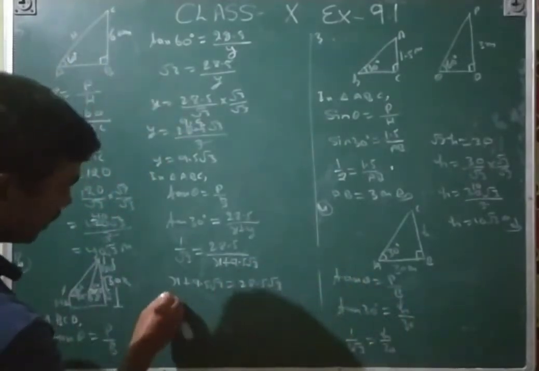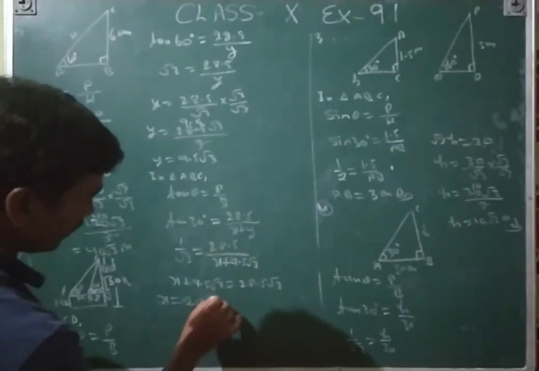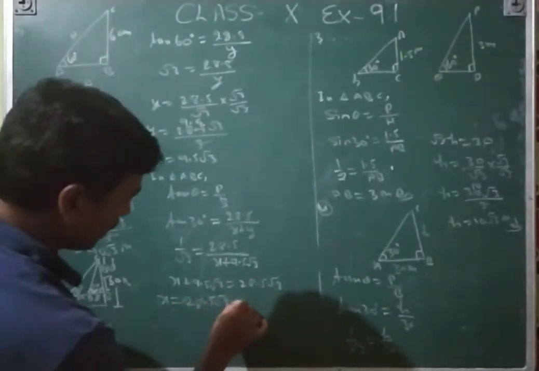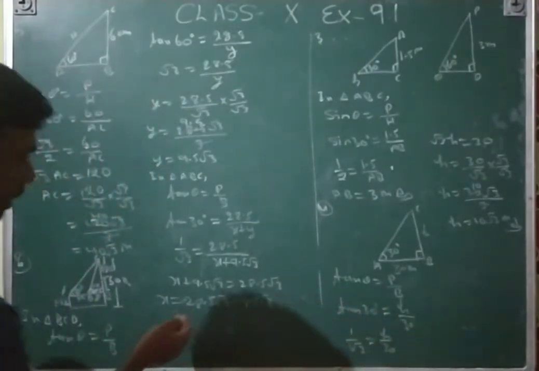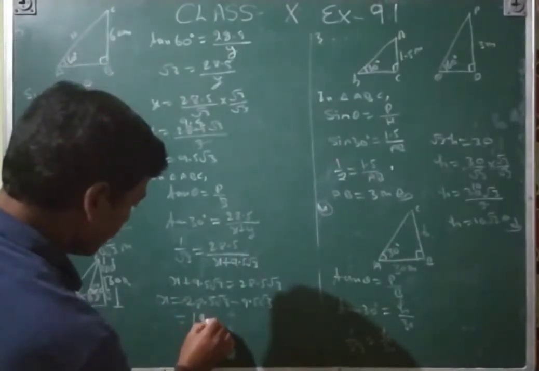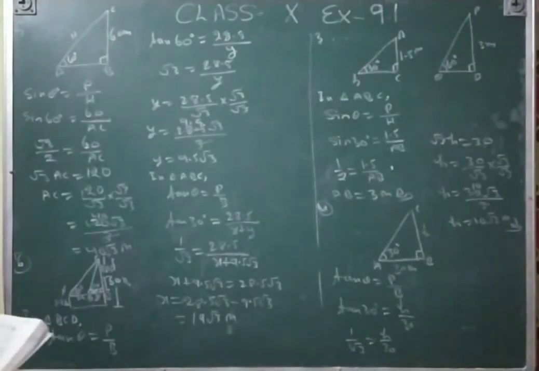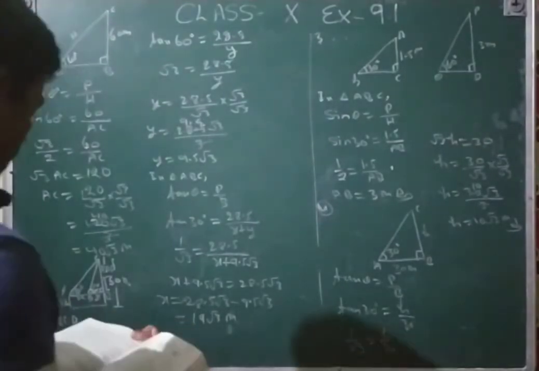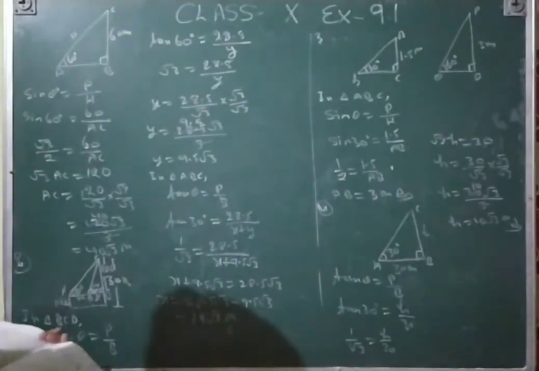Then x is equal to 28.5 root 3 minus 9.5 root 3. So by subtraction, that is 19 root 3 meters. That means the boy has traveled 19 root 3 meters from here to here.